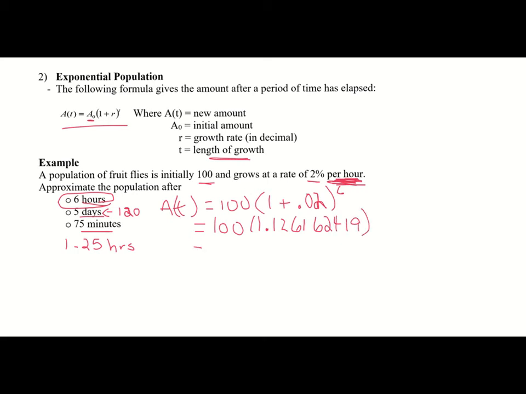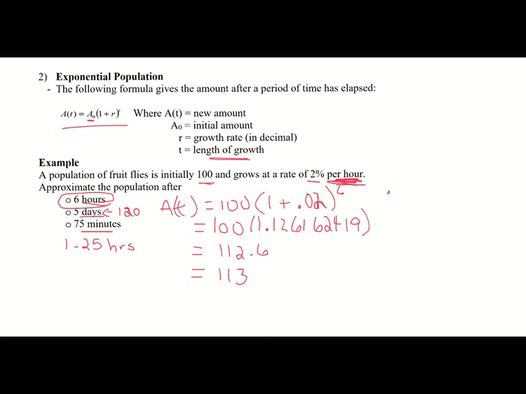Now we're talking about the number of fruit flies, so you can't have half of a fruit fly, so we're going to round it to the nearest whole number. I end up with 112.6 if I round it, but I want whole numbers, so I'm going to say 113 fruit flies there. It's approximately.